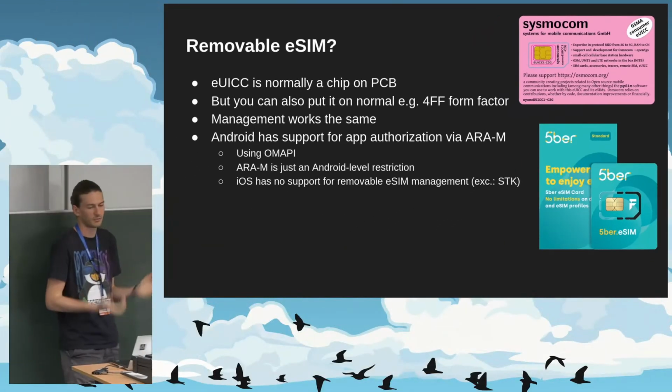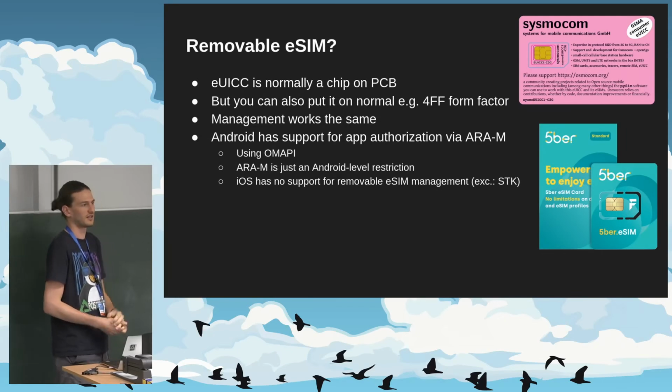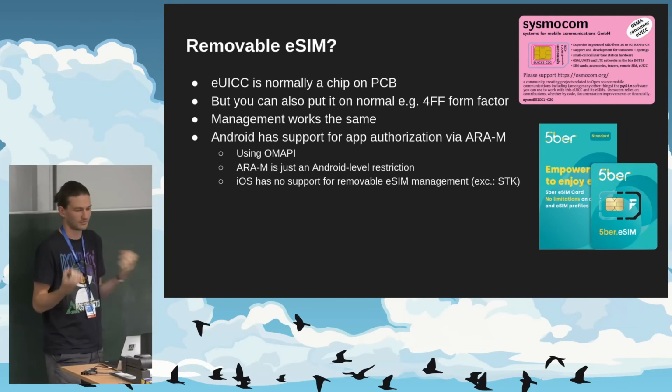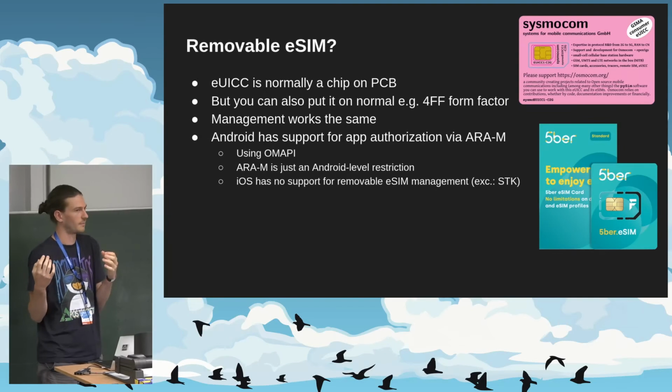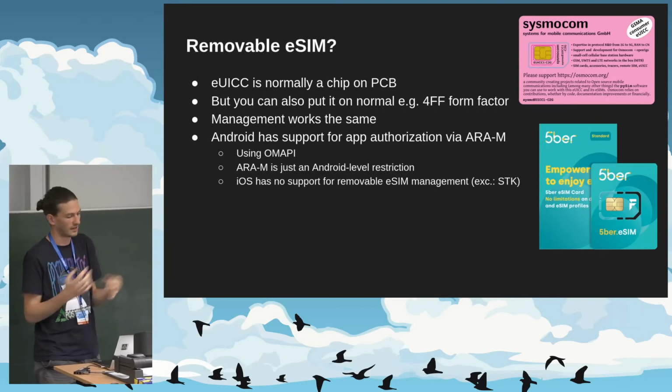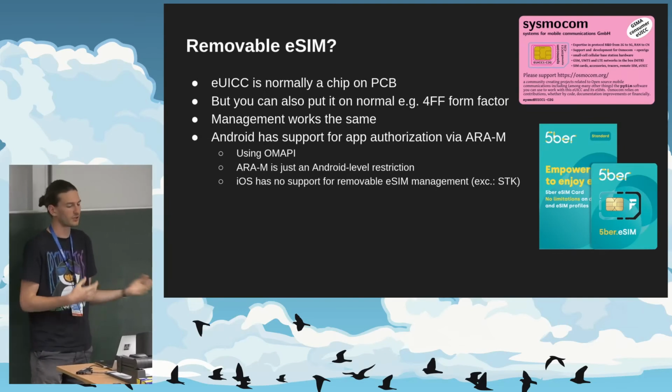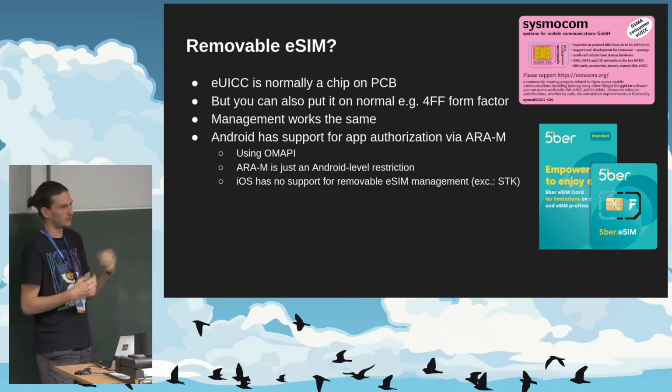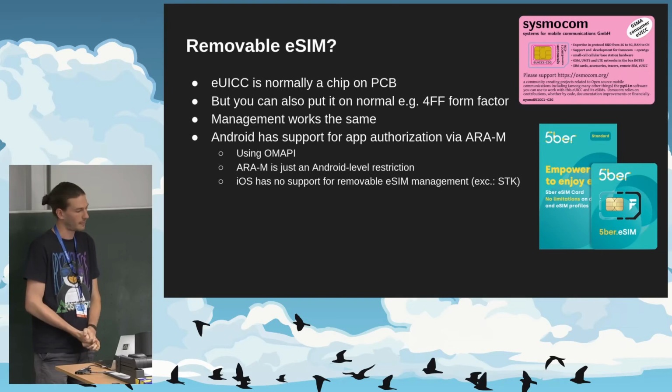So you can talk with the SIM card and run these APDUs, the communication between the phone and the SIM card. Using this, they can do the same operations: download the SIM card, enable it, disable it, etc.